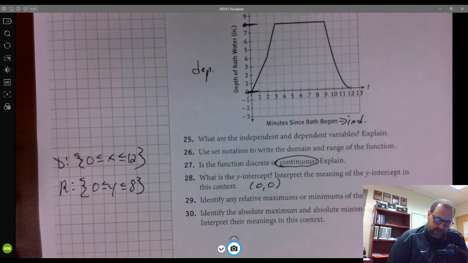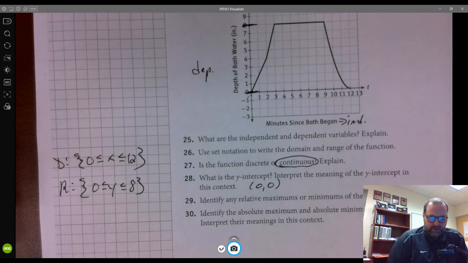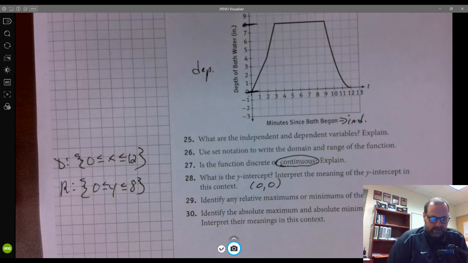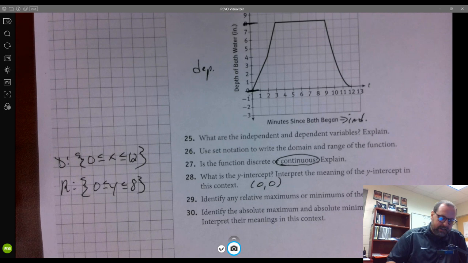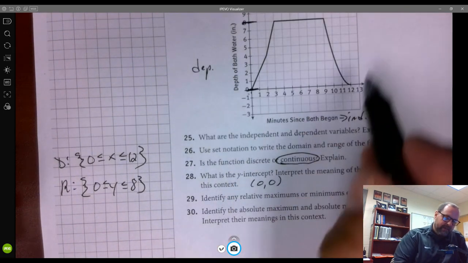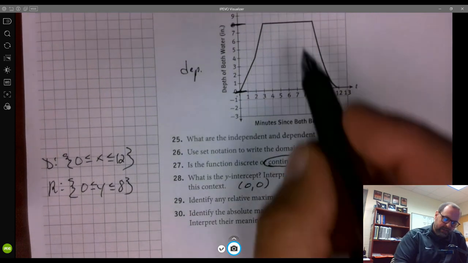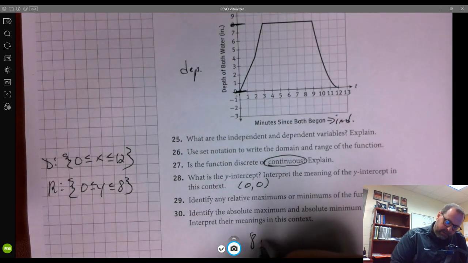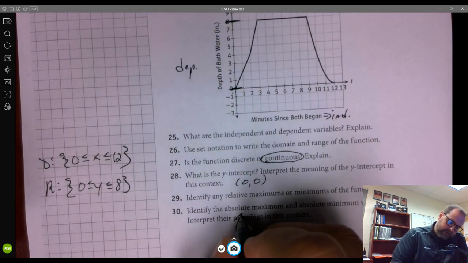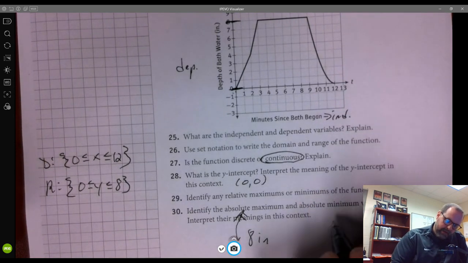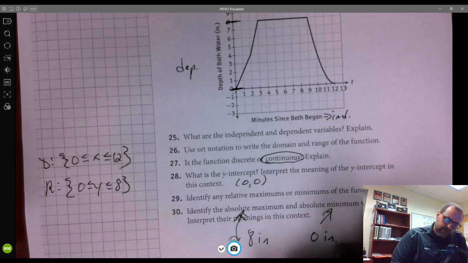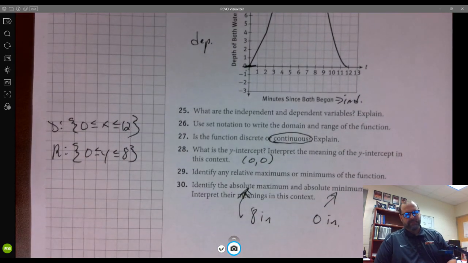Okay? Any relative maxes or mins? Not really, no. You know, it has a low point, it has a high point. It doesn't have a couple ups and downs. So it has an absolute max, which is 8 inches. And the absolute min is 0 inches of water.